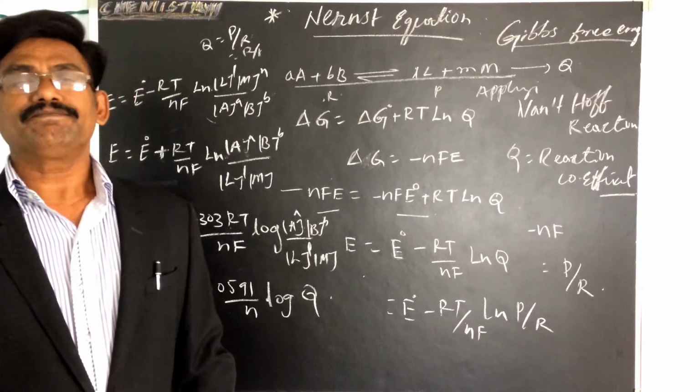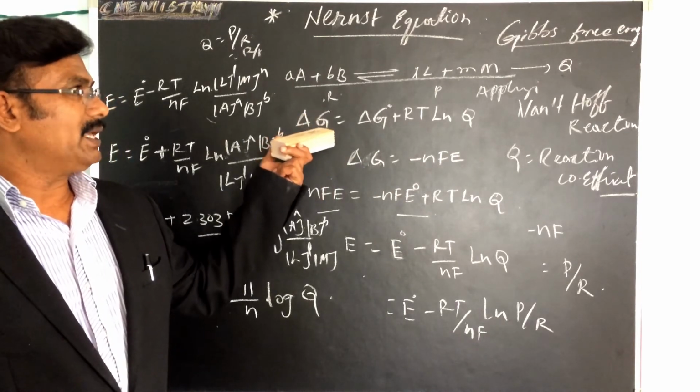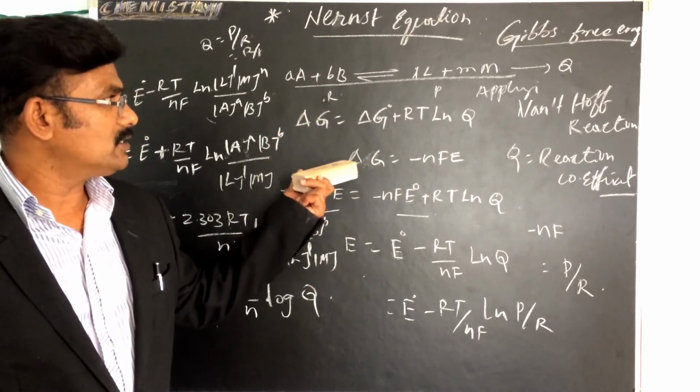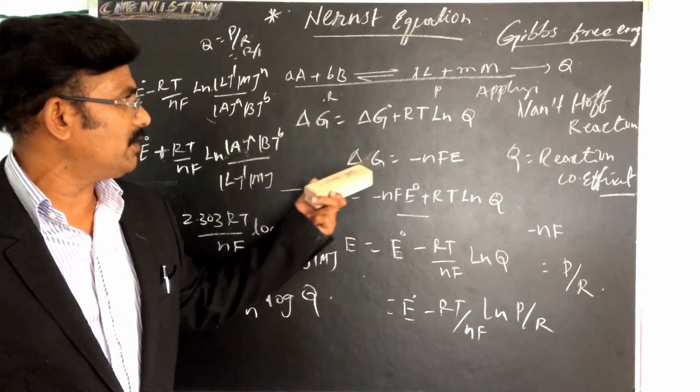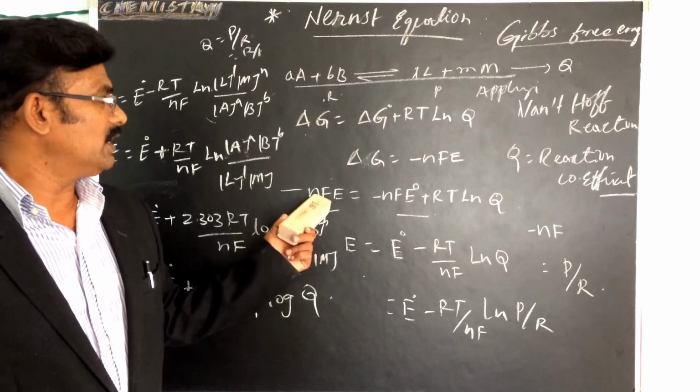So first, Gibbs free energy: we apply it to the reaction, delta G equals minus NFE. You substitute the minus NFE value in place of delta G and we get this equation.